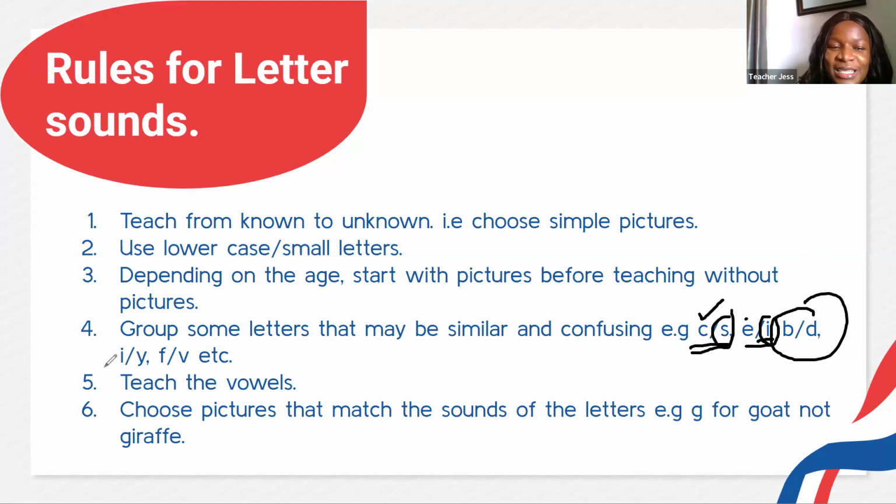The letters I and Y. When you say write Y, sometimes from experience, I have kids write letter I instead of letter Y. F and V. You emphasize the fact that the difference is V is voiced.